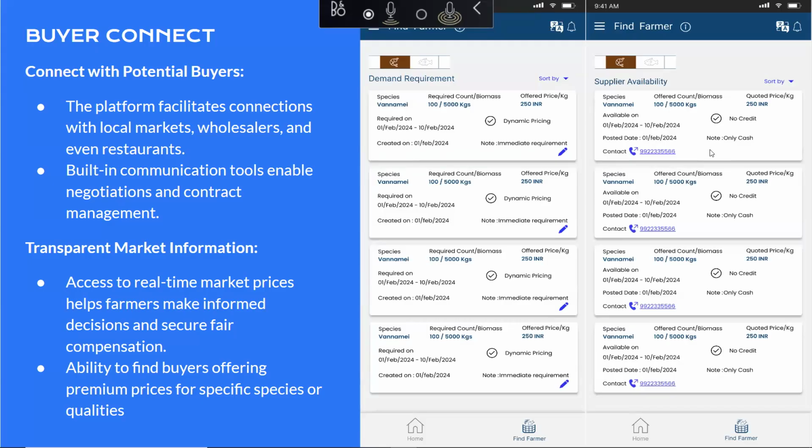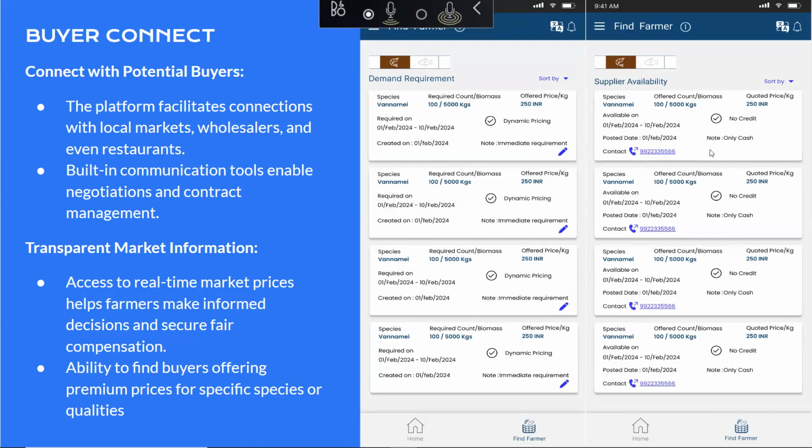At the same time, the buyers can also put their demand requirements. That is, a buyer wants, like in the next couple of months, I, an exporter, would like to procure 1,000 tons of Vannamei at 100 count.